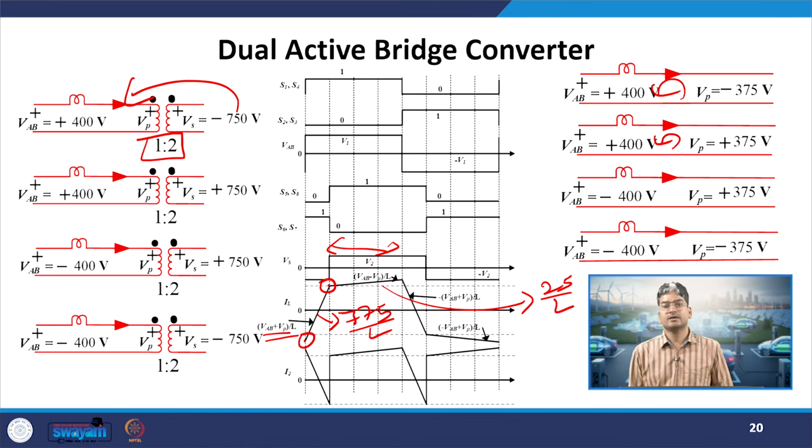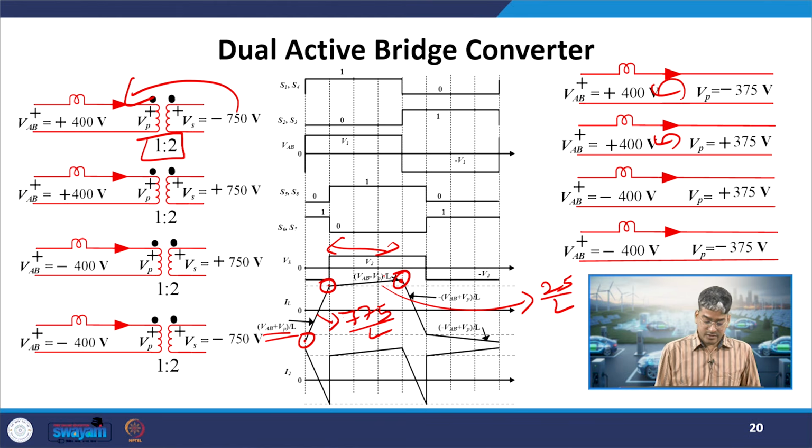They were cancelling out each other and we were getting 0 voltage. So there was no slope, the inductor current was constant because of 0 driving force, whereas in this case the inductor is having a positive voltage. So it will be experiencing rising current as positive voltage is applied. It will start charging.